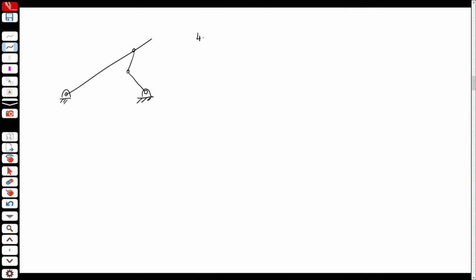It is essentially a 4-bar mechanism. My 4 links are the fixed link, 2, 3 and 4. So, it is like 4 links pivoted together.